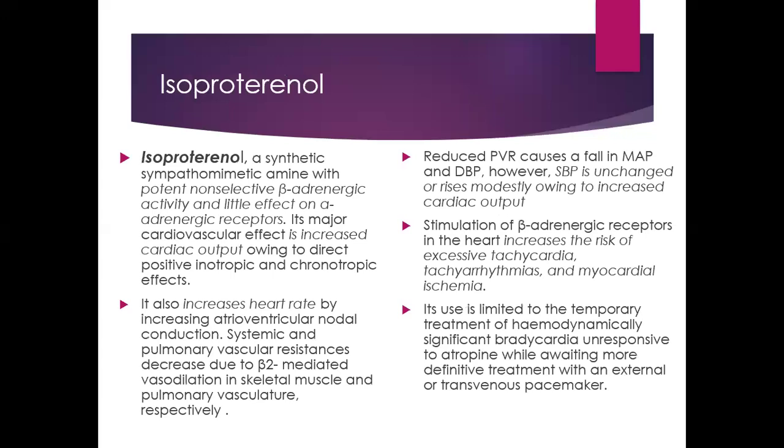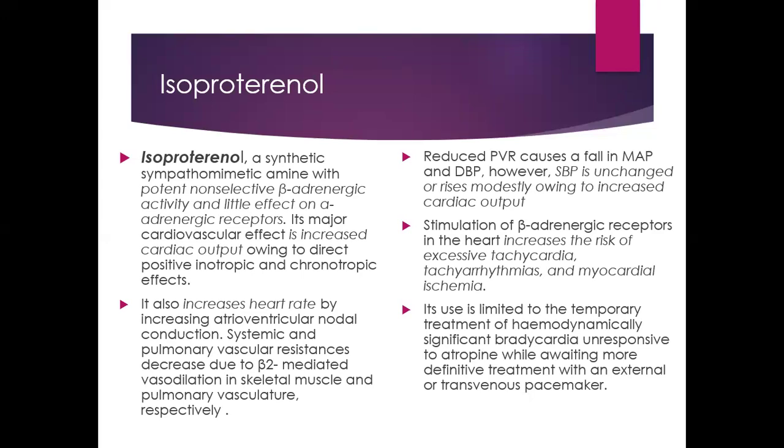Isoprenaline is a synthetic sympathomimetic amine, and it has potent non-selective beta-adrenergic activity with little effect on alpha receptors. All right, it causes increased cardiac output due to its positive inotropic and chronotropic effect. So it increases myocardial contractility and also increases heart rate.